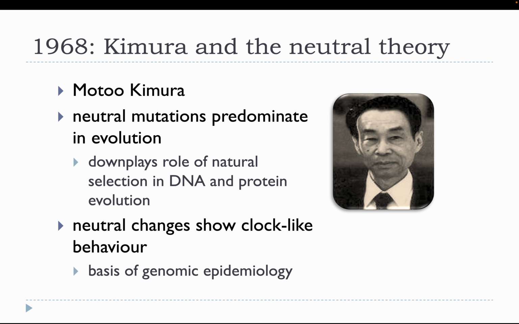And we'll say more about what that means, in terms of degeneracy of the genetic code, in a moment. The interesting insight that came out of that is that those neutral changes show a clock-like behavior. So if you wait one period of time, you get one change. You wait twice as long, you get two changes, three changes. And so you can actually start to date when the various divergences of molecules happened over time.